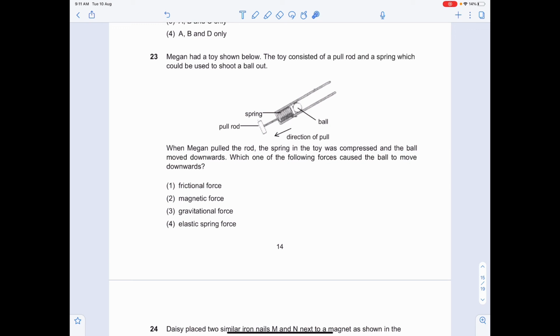As we all know, anything on Earth has gravitational force acting on it. So when you pull, you lower the spring, and your ball will fall down, roll towards this direction due to gravity. So the answer should be 3.